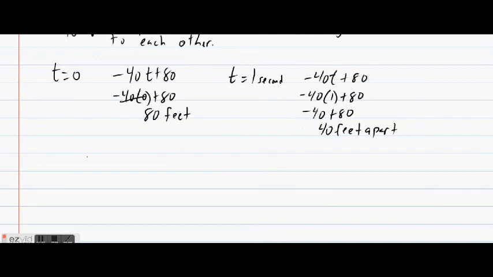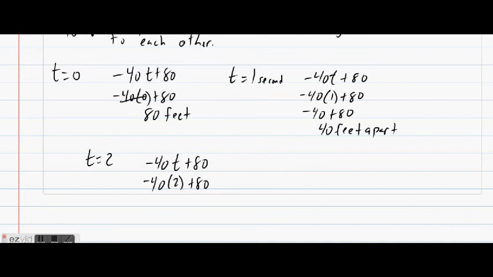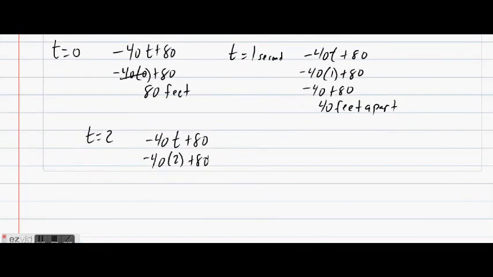What about at 2 seconds? t equals 2. So negative 40 times t plus 80. Negative 40 times 2. There's my 2 seconds. Negative 80 plus 80. Cancel each other out.